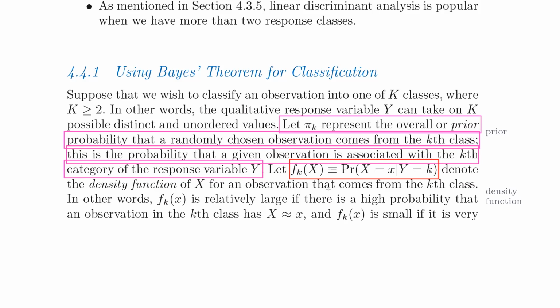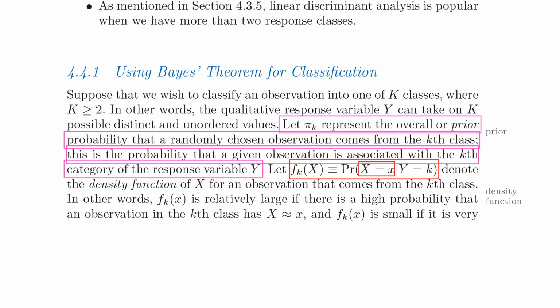Seizure, stroke. Now what is this? This is the probability that X has these characteristics. Remember, very often it's going to be a vector, given Y equals k.